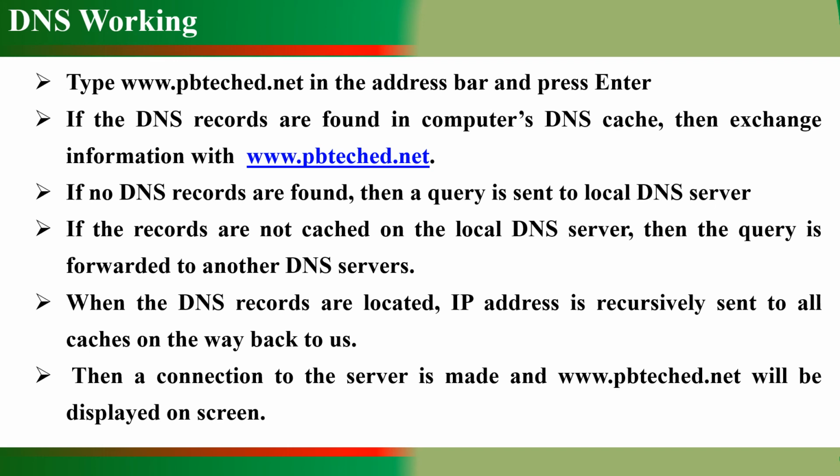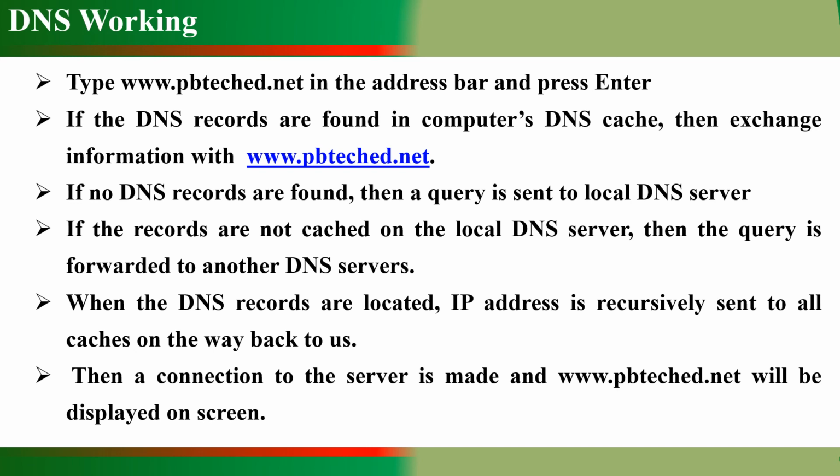The IP address is located in the computer's DNS cache. If DNS records are found in the computer's DNS cache, then we can communicate information with that website. We can exchange information. If no DNS records are found, then the query is sent to the local DNS server.